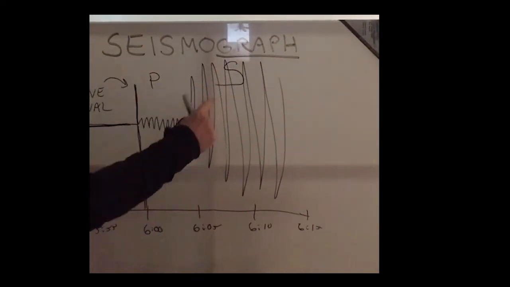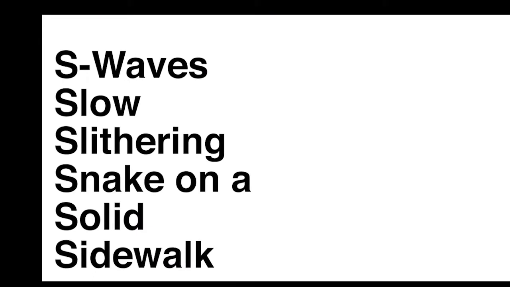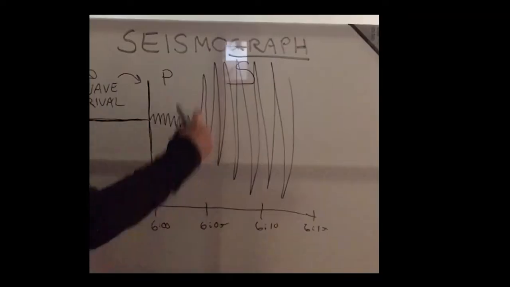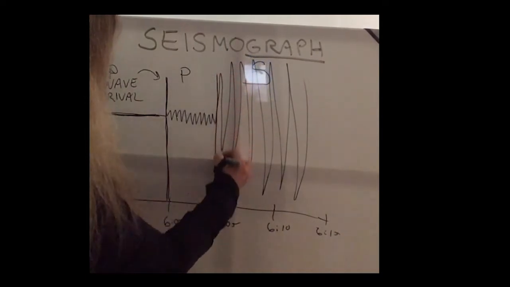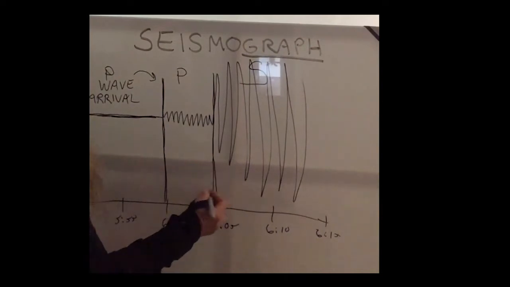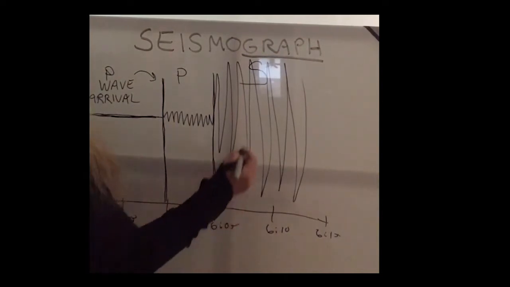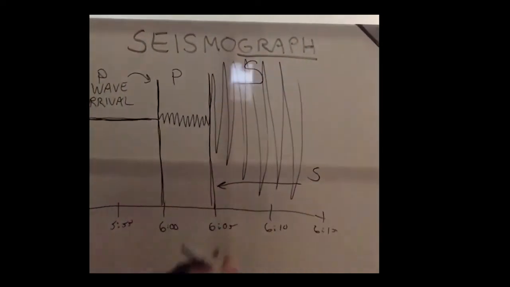So think of all the S's that relate: a slithering, slow snake on a solid sidewalk. So this point, where we start having these different waves come in, is going to be the S wave arrival. This line is the S wave arrival. This is when the S waves came in.